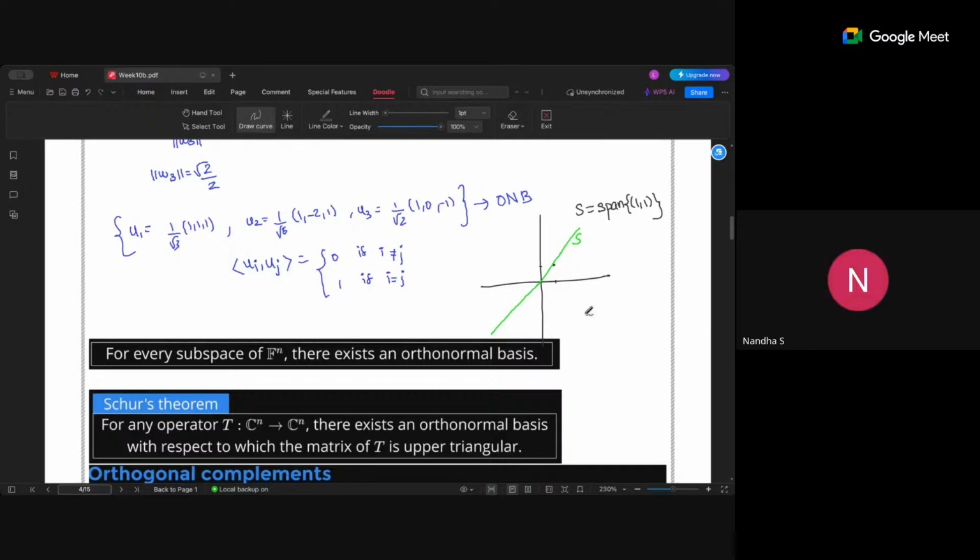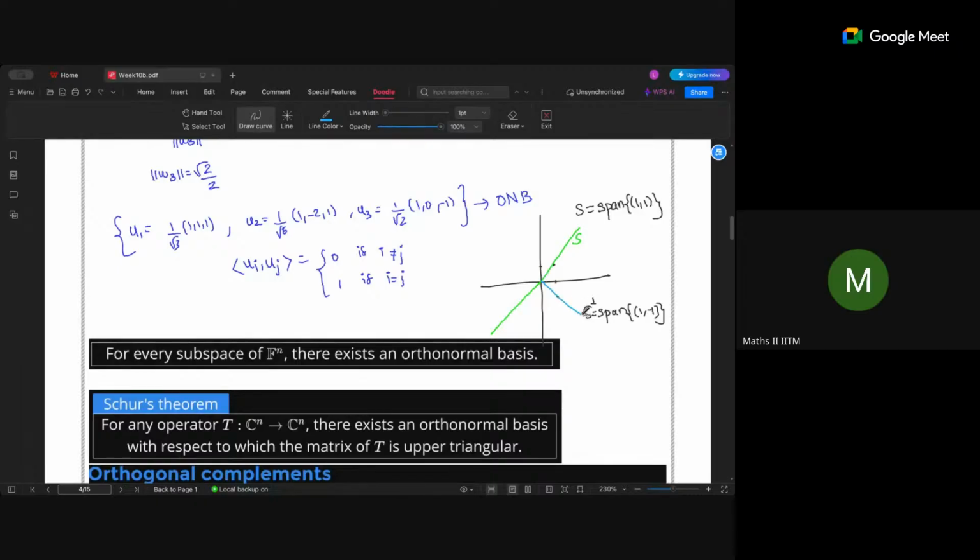(1, -1). Yes. So let's consider (1, -1). So you have 1 and -1, so it's here. Let's consider the span of (1, -1). The span of (1, -1) is simply the line passing through (1, -1) and the origin, right?